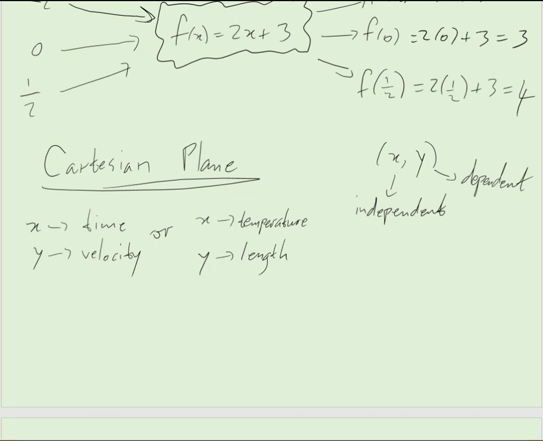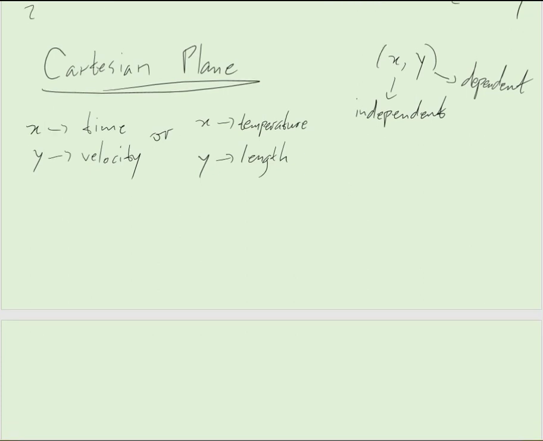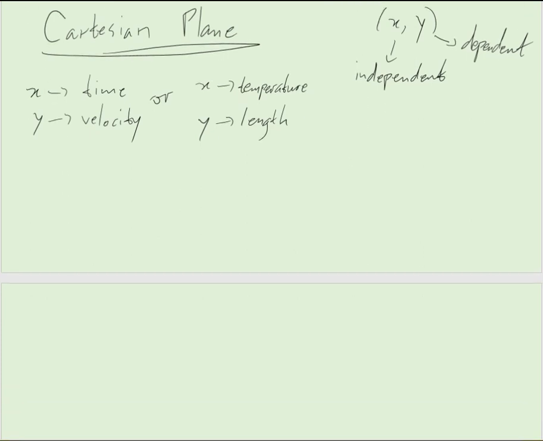So we know as we increase the temperature, the length might increase. Higher temperatures cause heat conductors to expand, and alternatively, lowering the temperature could cause it to contract. So x and y are just dummy variables.